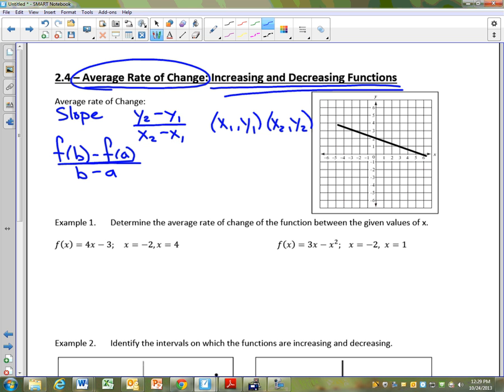Instead of x1 and x2, I just use a and b. So your coordinates for this would be, if you have coordinate a for x, you would have f of a for your y coordinate. And if you had coordinate b, you would have f of b for your y coordinate. Does that make sense that those are the same?